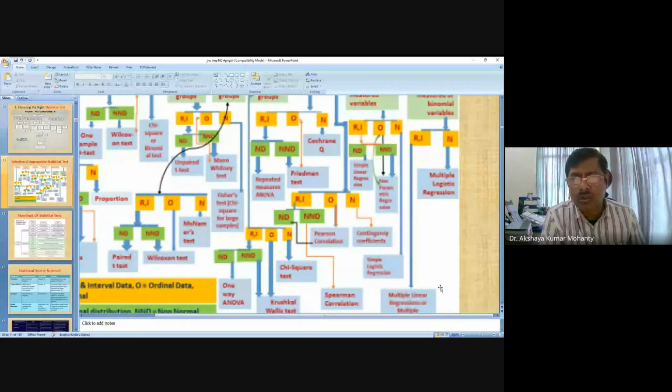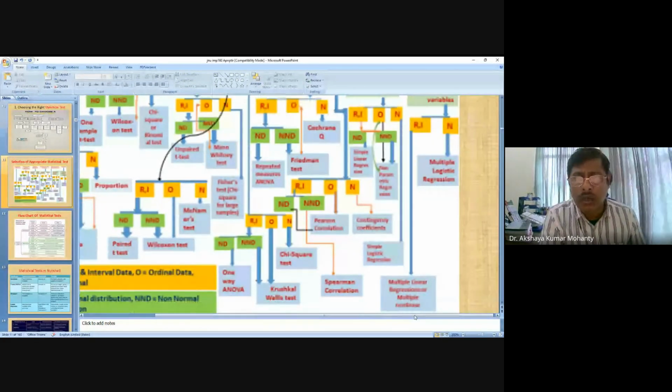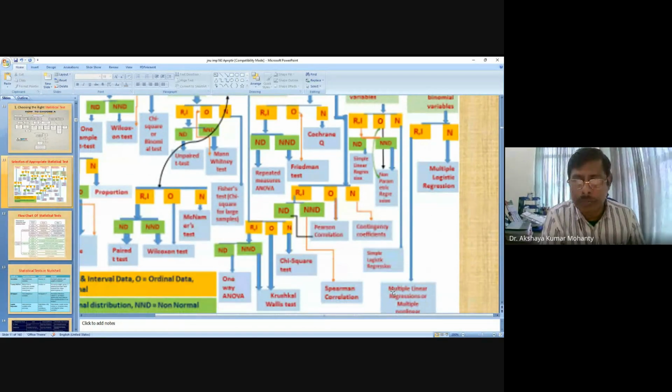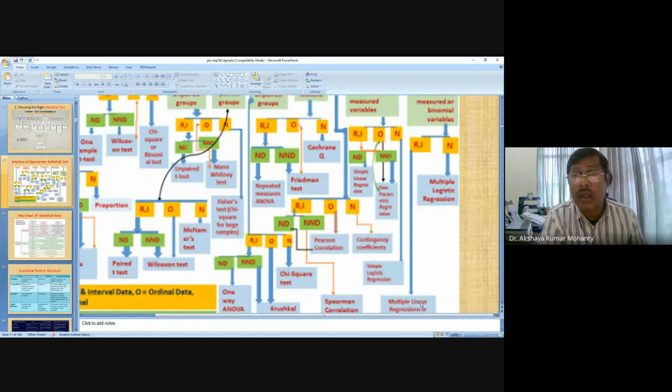That is also multiple non-linear regression analysis. So in that case also you can go for the prediction. And for example, let us say if it is not an R block, and data is in the form of categorical, then you have to go for the multiple logistic regression model.